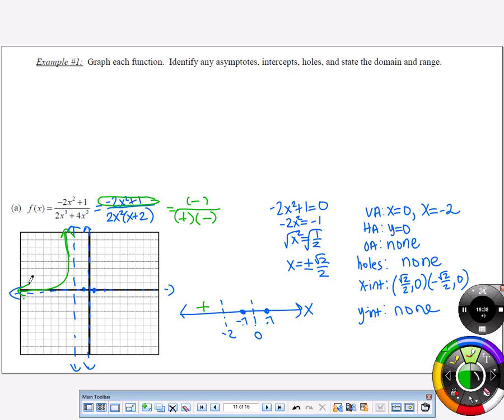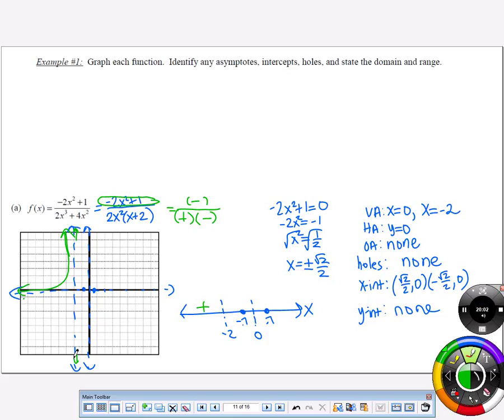All right. So then on the other side of the asymptote, okay? So we've done the left side of the asymptote that's at negative 2. It's going to, again, have to follow the asymptote, which means it's either going to shoot up along the asymptote or shoot down along the asymptote. But there's also an x-intercept right here, which means it's going to have to eventually come to that x-intercept, right?